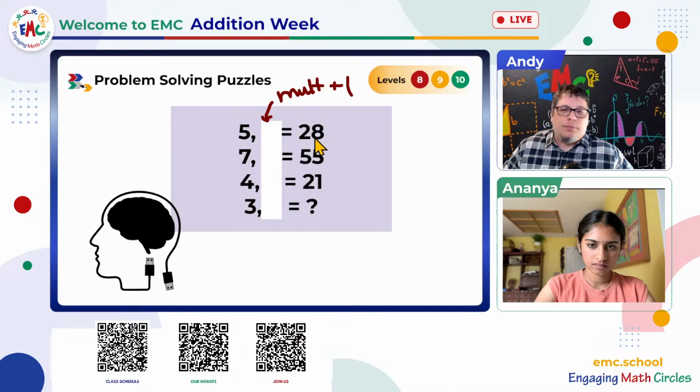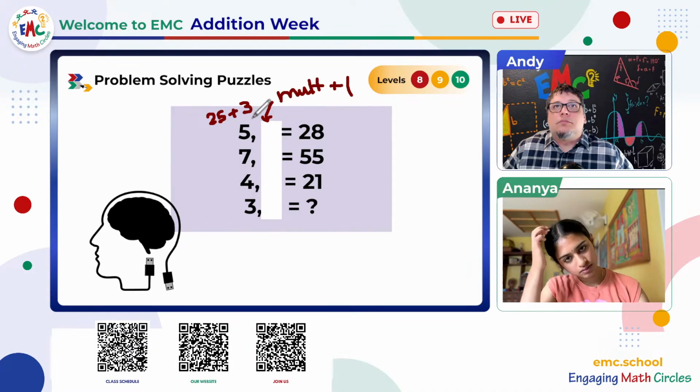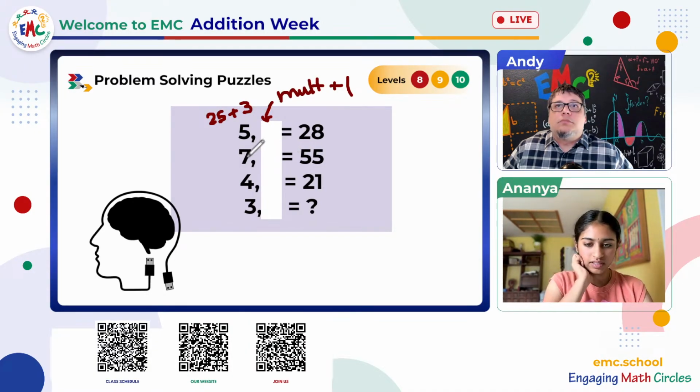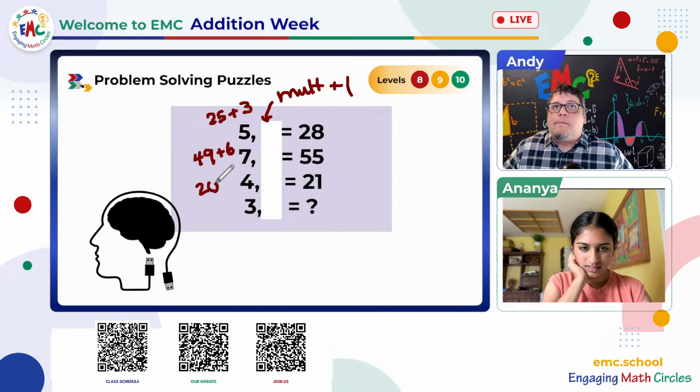Well, you said multiple plus 1, so what would the multiple here be? Well, this one would be 25 plus 3. But then the 7 won't. 55 minus 3 is 52, and 7 is not a factor of 52. So it'd be 49 plus 6. 4, 5. So it'd be 20 plus 1 again. That does not make a whole lot of sense.